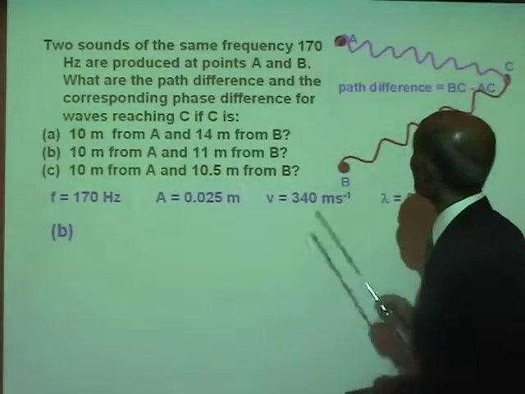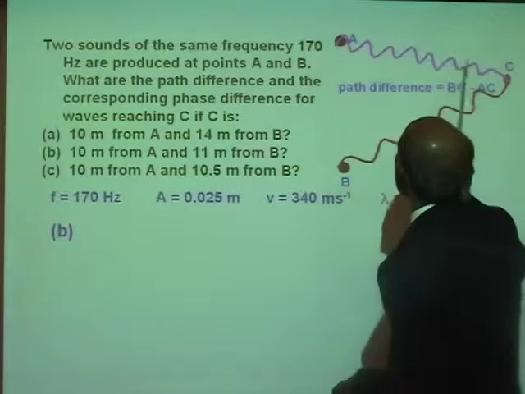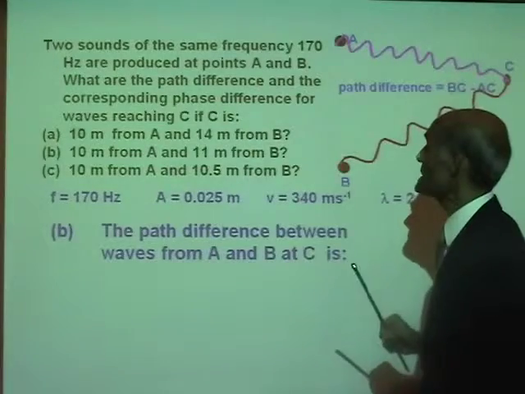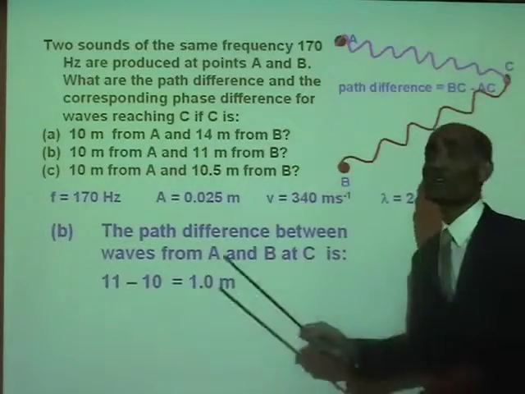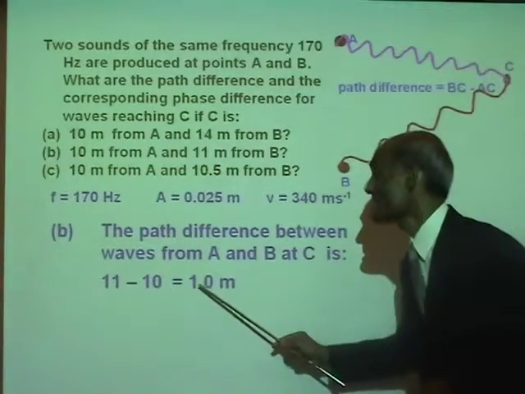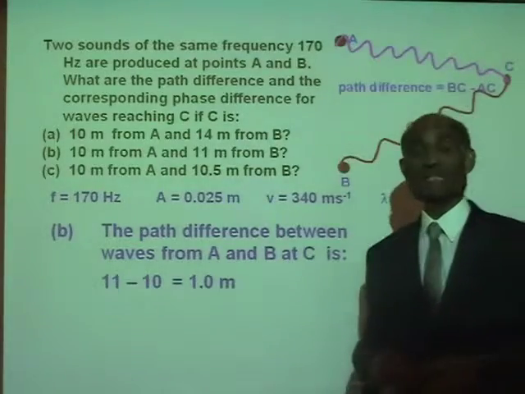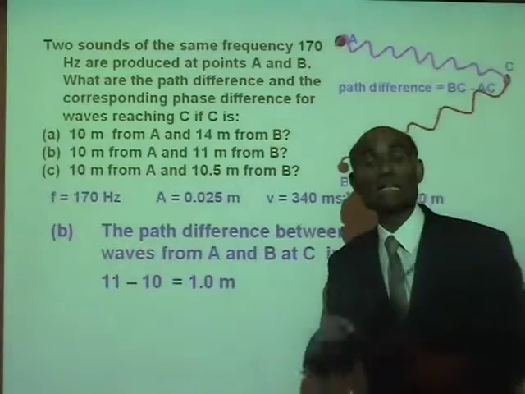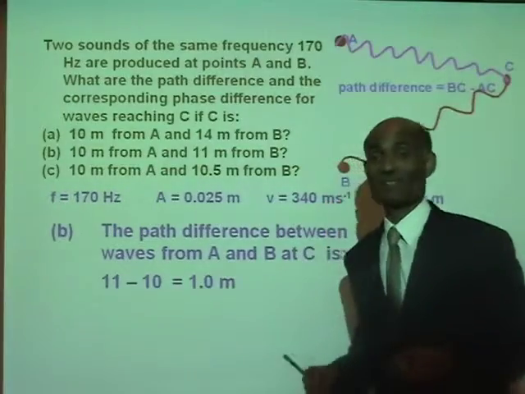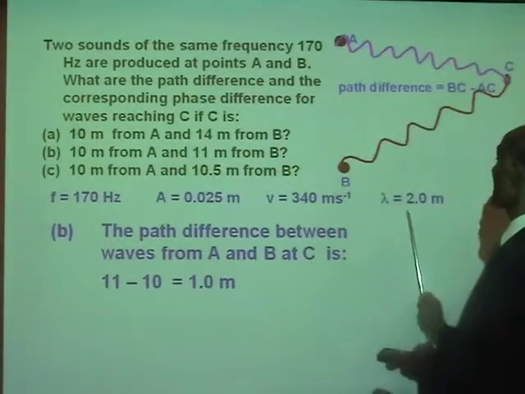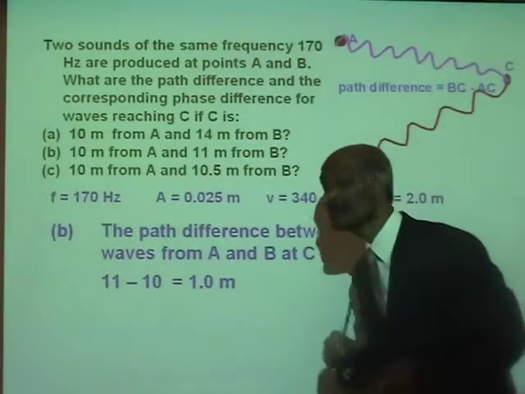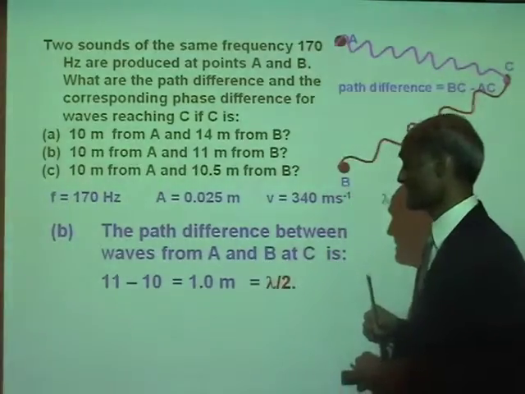Alright, tell me, what is the path difference between those two waves? 10 meters from A and 11 meters from B. The path difference is 11 minus 10, which is 1 meter. Well, a path difference of 1 meter is how many wavelengths? Our wavelength we calculated is lambda equals 2 meters. So this is half of a wavelength.